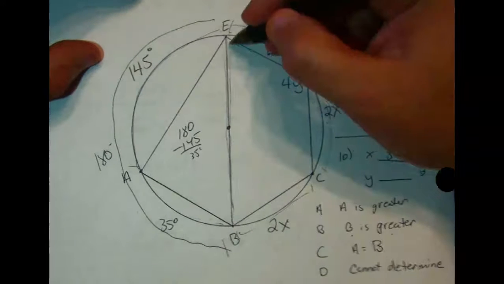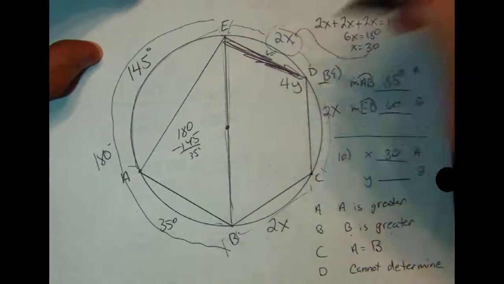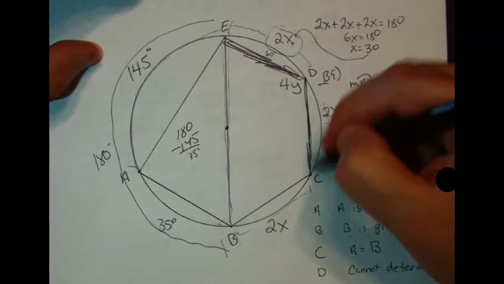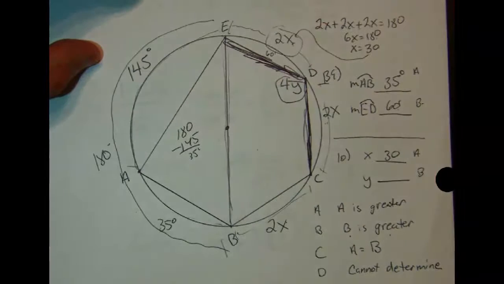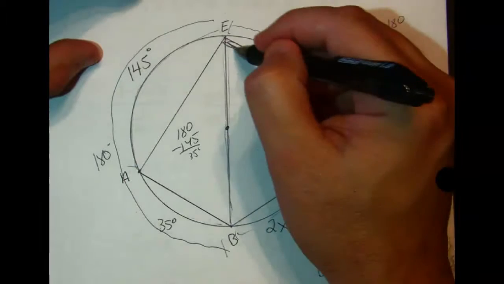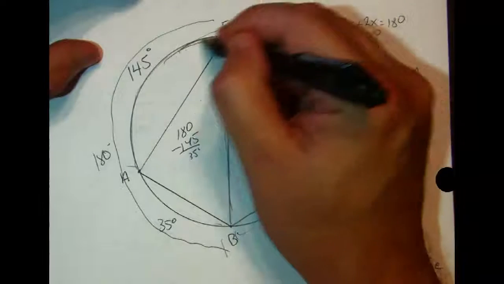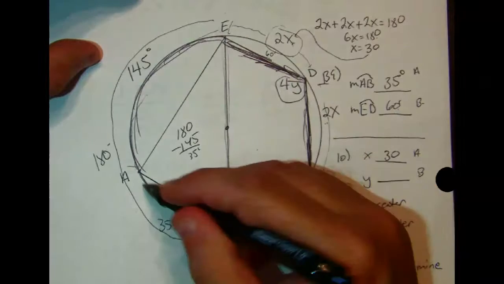Now, if you look carefully, we have this obtuse angle at D, which is represented by 4y. And this angle is going to this arc.